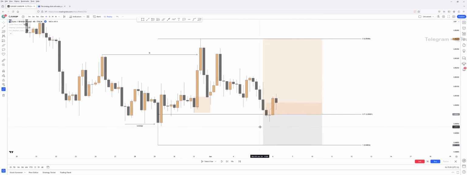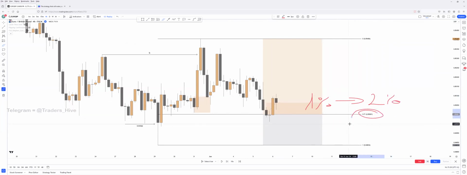And basically, that's it. You can choose between risking 1% here or 2%. Because if you are using the high win rate method and you are trading on a personal account, then you're risking 1% of your capital on the 0.71 level, and you're risking 1% of your capital on the order block level. In this case, you can choose between risking the simple 1% right here, or you can double the risk and use a flat 2% risk on the single 71 level limit.